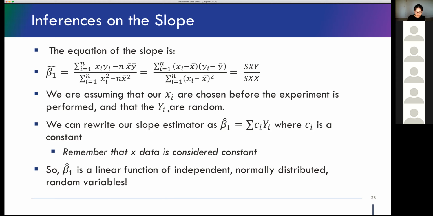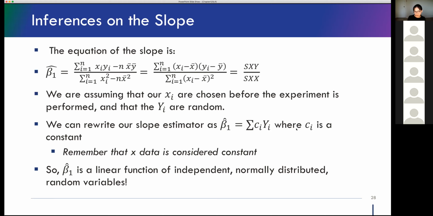We can rewrite this slope estimate as beta 1 hat equal to this, which is basically a linear function of y. From here, all the x values are considered known and fixed. So this is essentially a linear function of y.